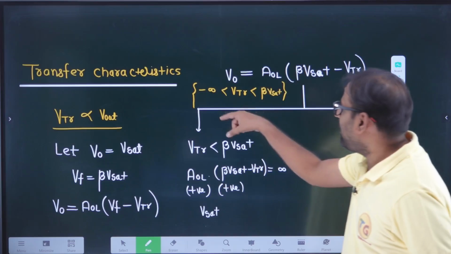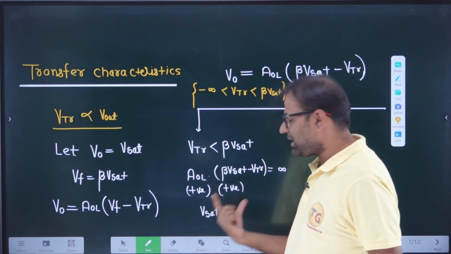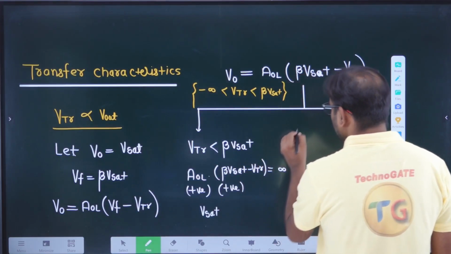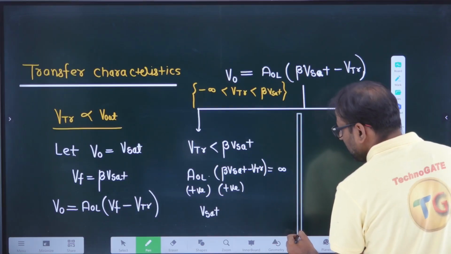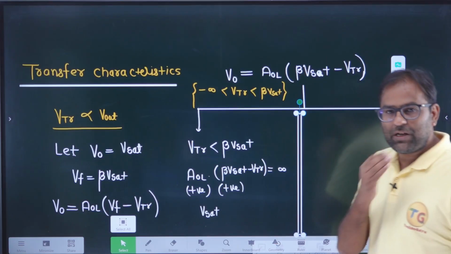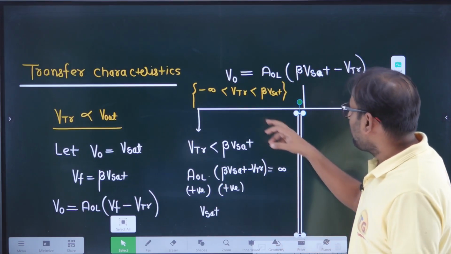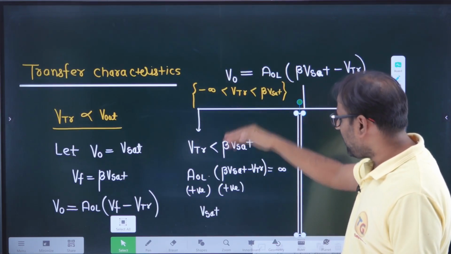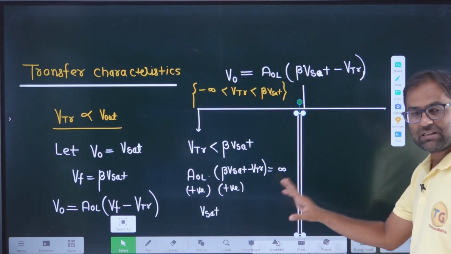This is the interval for which the output will stay at positive saturation state. Now let's make the other part. My output will be at state plus V saturation, and it's a stable state.